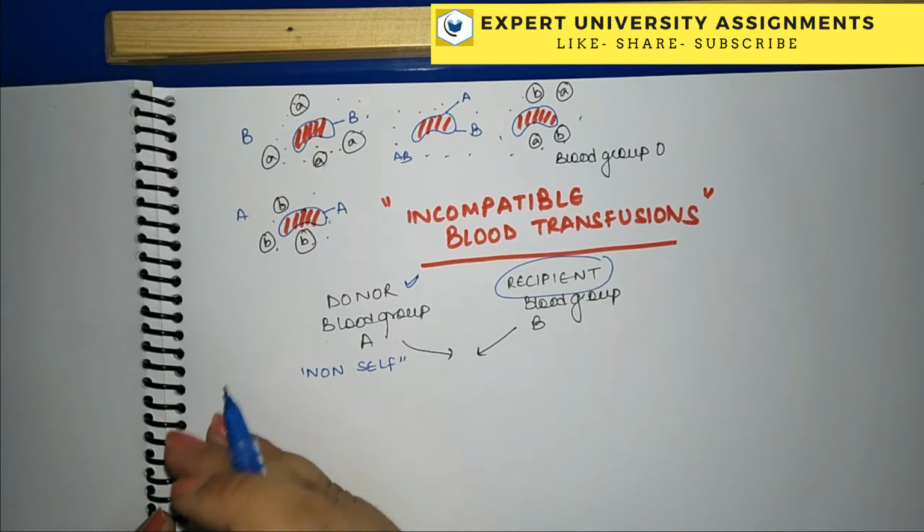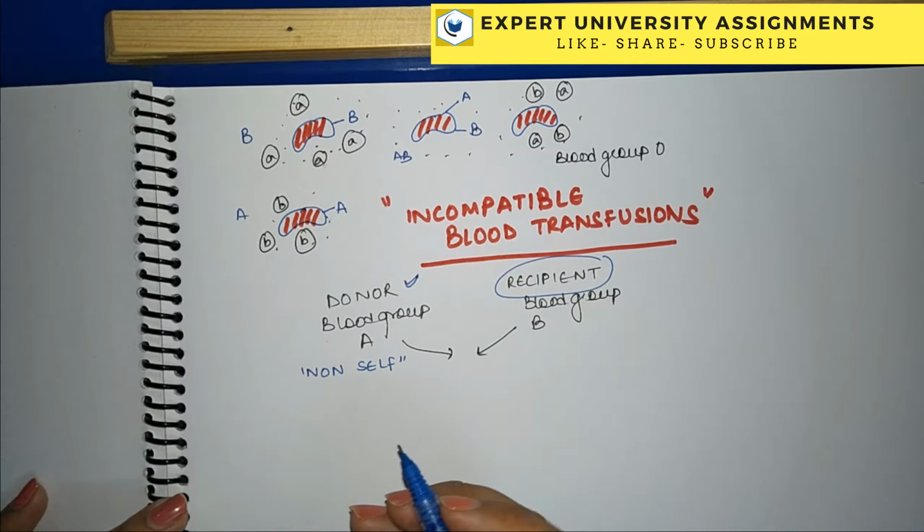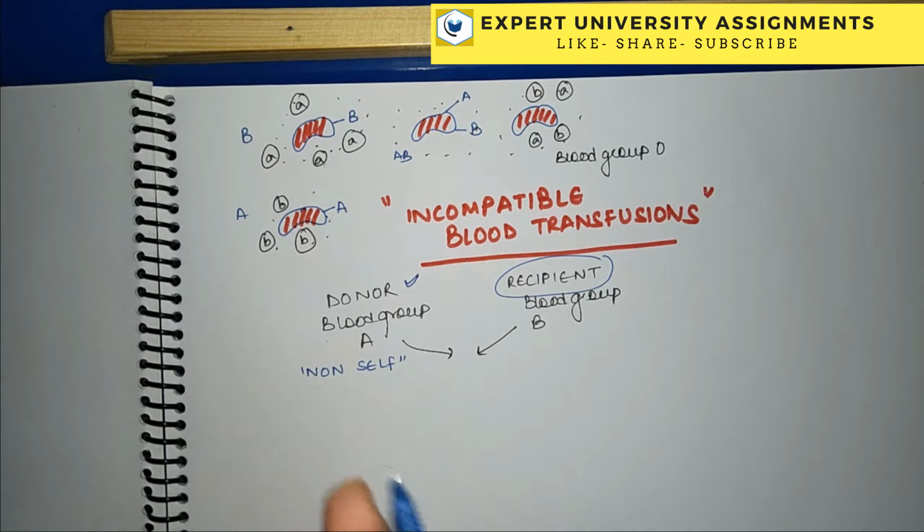Now what happens with antigens and antibodies? As we all know, an antigen-antibody reaction is a reaction in which they form a complex and the RBC dies.